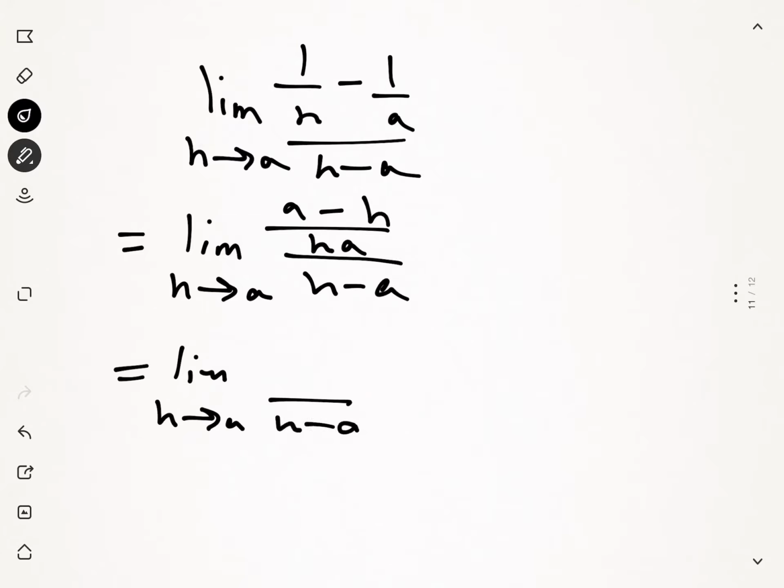So nothing to do here. We could write the problem over again as a minus h over ha times 1 over h minus a.